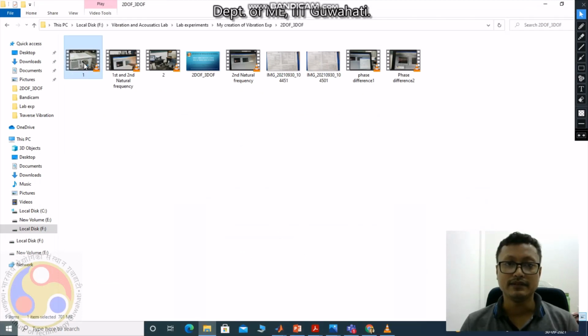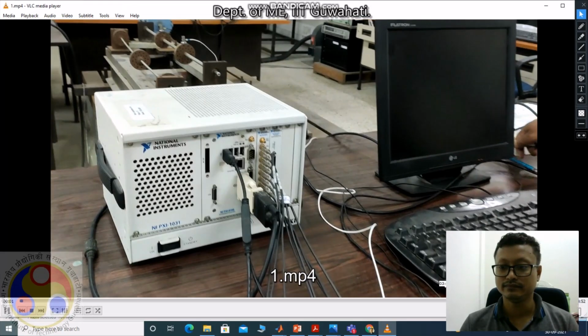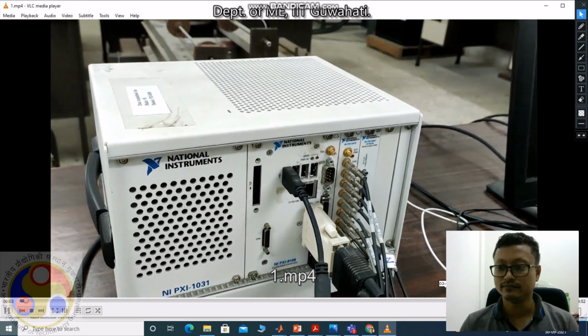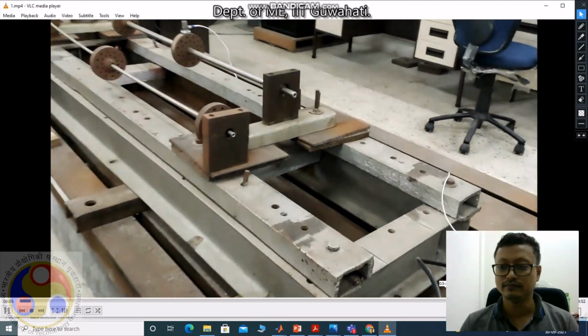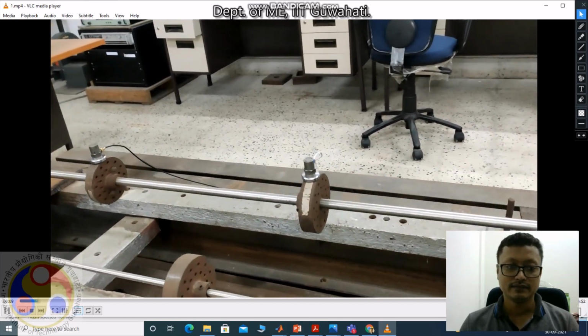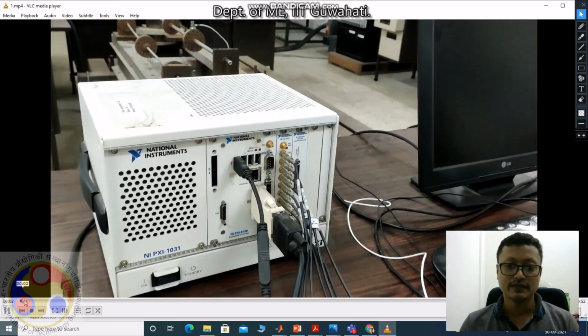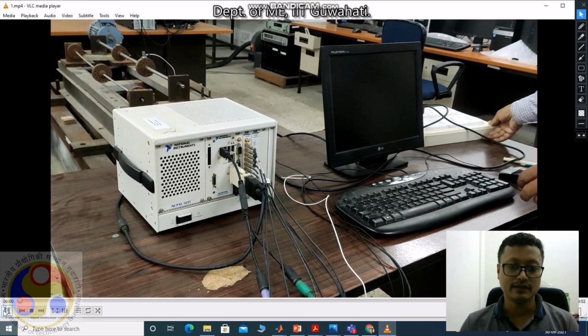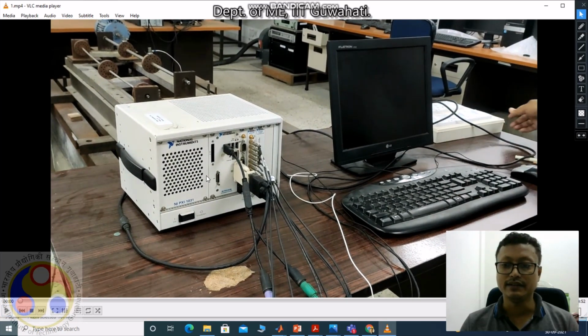So this is the first one. If you look here, this is the DAQ, the data acquisition system, the DAQ box.